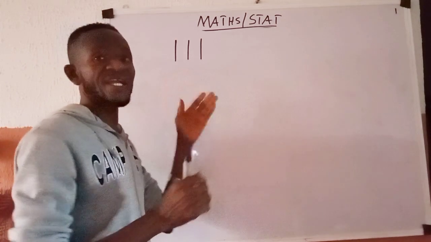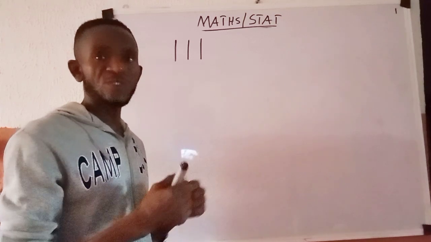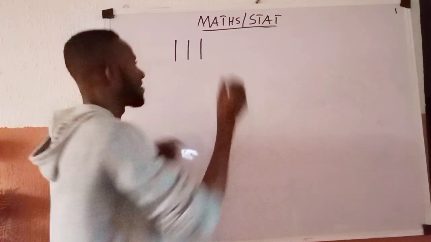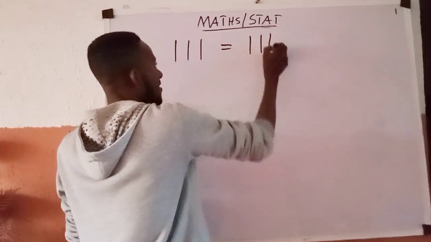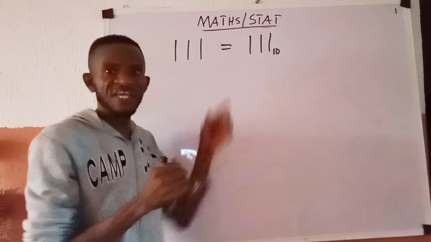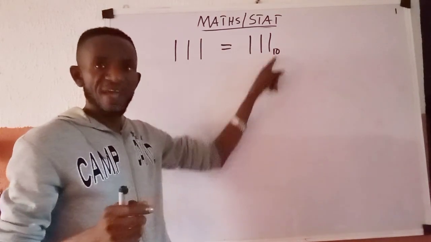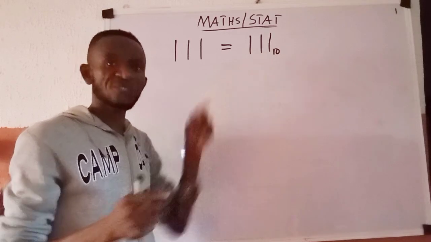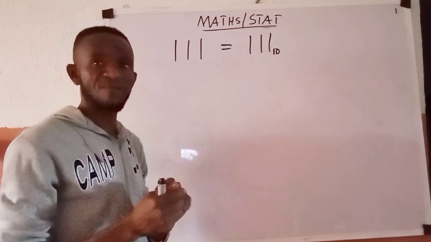How can somebody express this equivalently? First of all, the person can write that this equals 111 in base 10. The base is always written as a subscript. So this is 111 base 10.